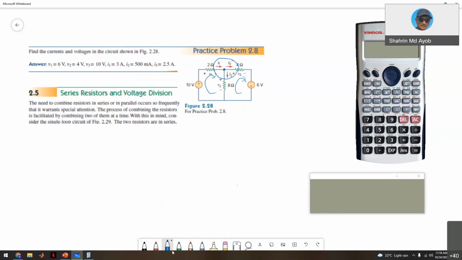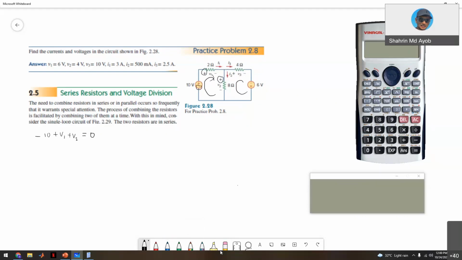With three variables, we need three equations, and I think from here we can get all three. The first one is from the first loop, which is KVL. We start from here: what you see is -10, positive V1, and positive V2. So -10 plus V1 plus V2 equals 0.